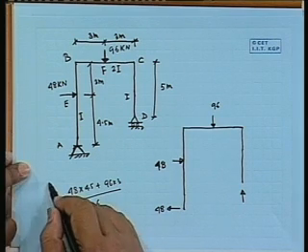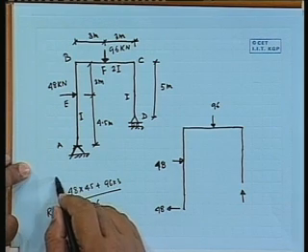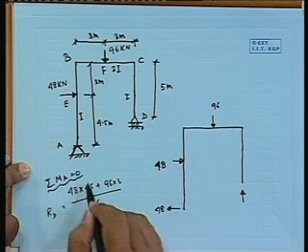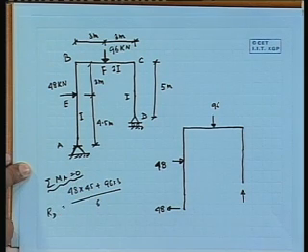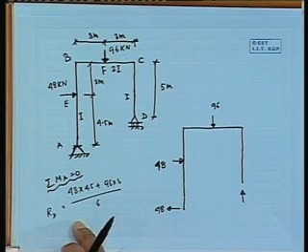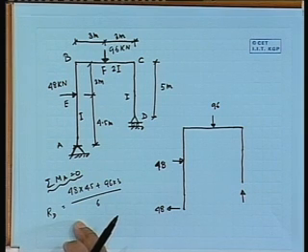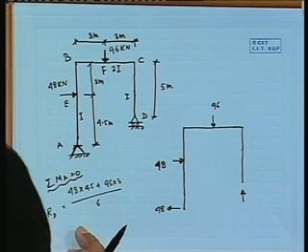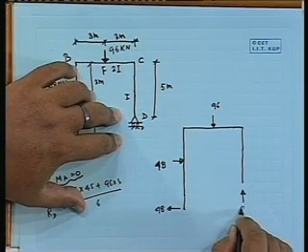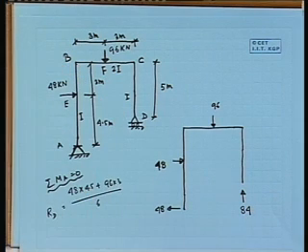So, it is just if you take moment about A, that will give this value, and this value will be how much? This will be 84 kilonewton. Okay.